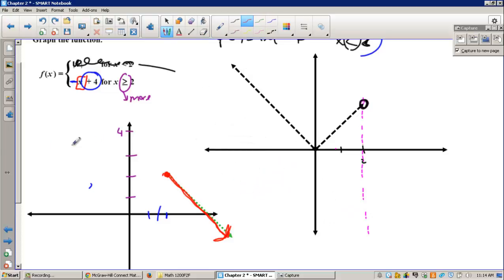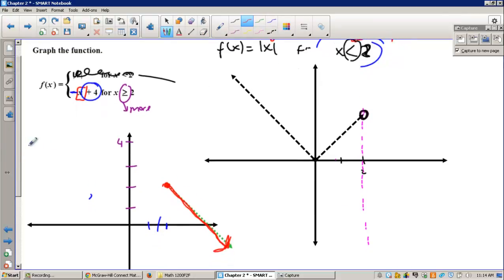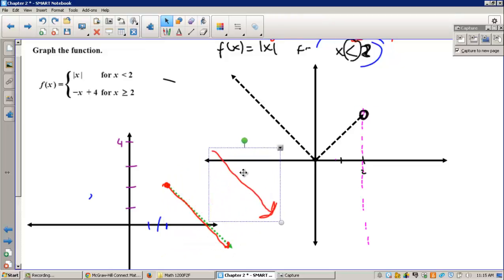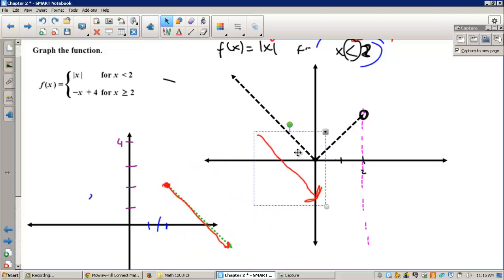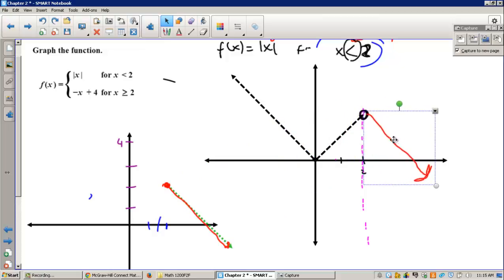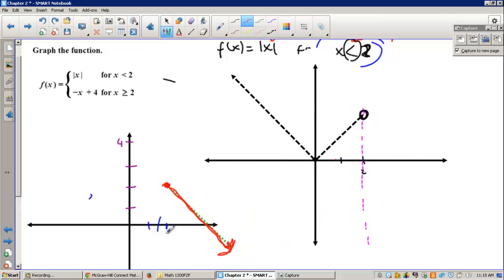Now what is next? You made these 2 pieces on 2 separate XY coordinate systems. What is next? It's time to put them on the same page. I will move the top one to the bottom or the bottom one to the top, it doesn't matter. I will put them on the same. Yeah, I will just take this and put it here. Do you see? It was sitting at 2, 2. This was sitting at 2, 2, and I find 2, 2.